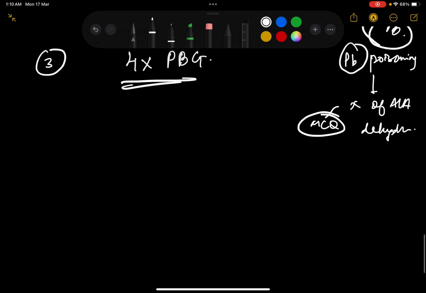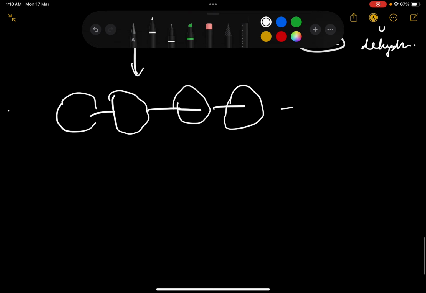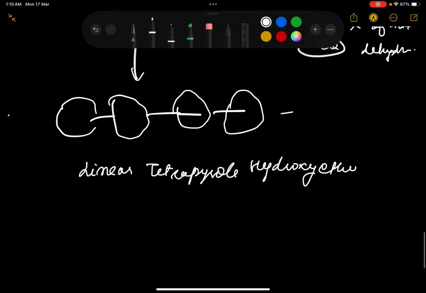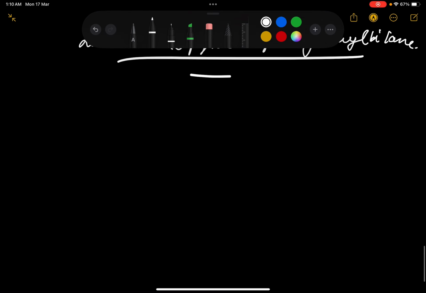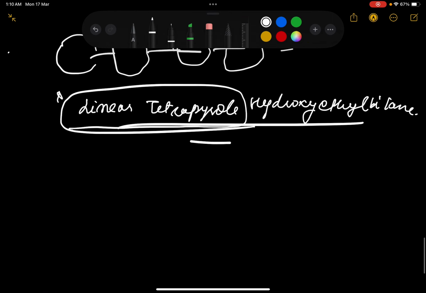These 4 molecules will join to form a linear molecule, and this molecule is known as linear tetrapyrrole hydroxymethylbilane. No need to remember such a long name. Just remember that a linear tetrapyrrole molecule is formed.